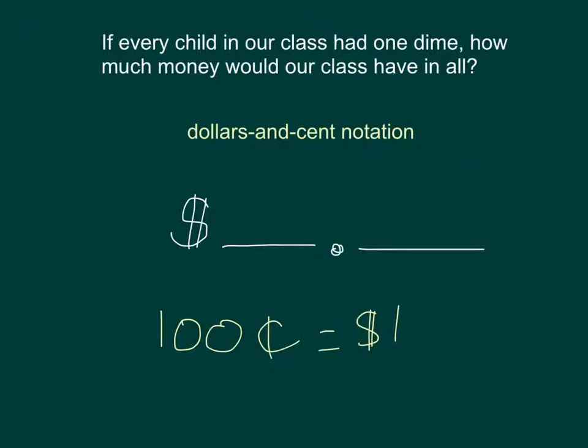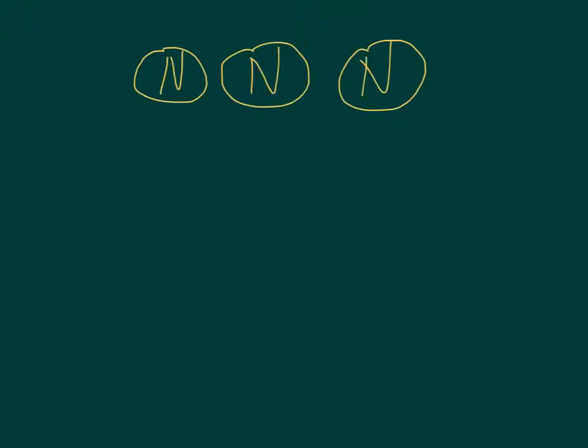And then I'm able to say how much cents or parts of $1 I have. Let's try it out. When we're exchanging money, we can look for groups of 10 and recognize that we can exchange those groups for a dime.